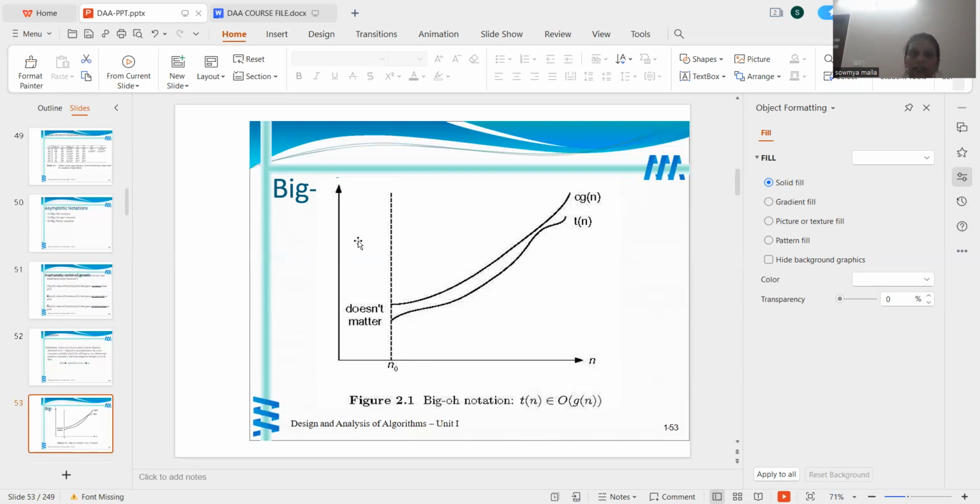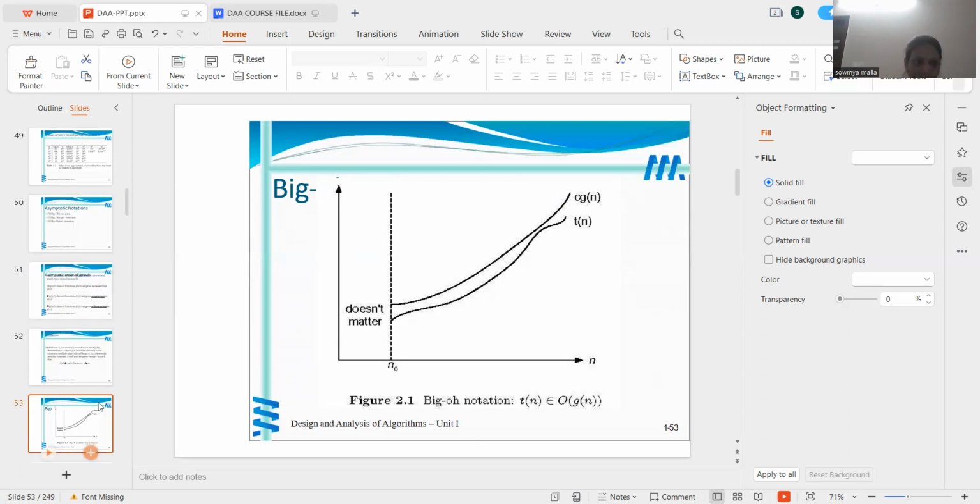The condition is f of n is less than or equal to c into g of n for all n greater than or equal to n naught. So if n is greater than n naught, then we can say that f of n is less than or equal to c of g of n, the upper bound values.